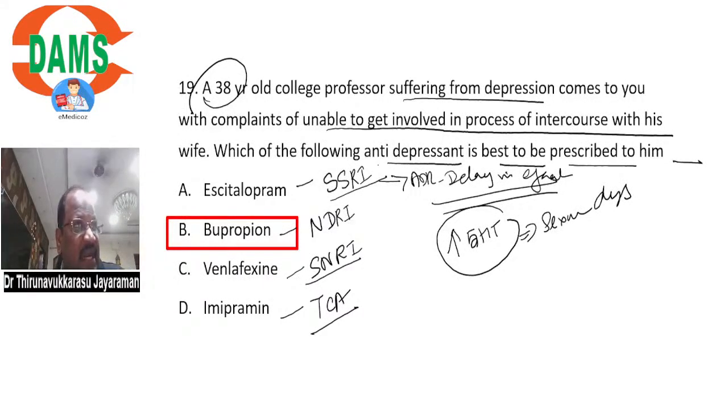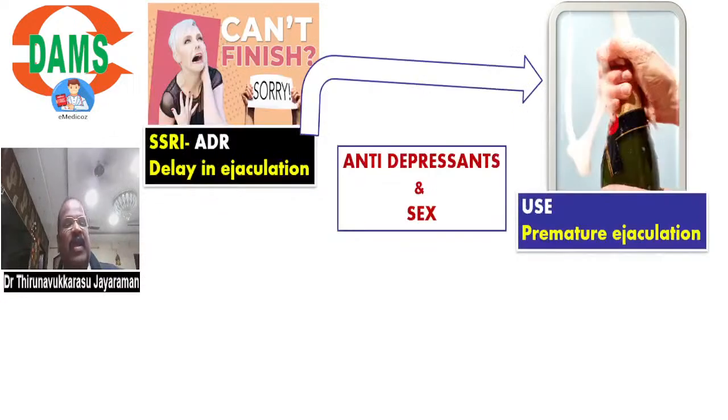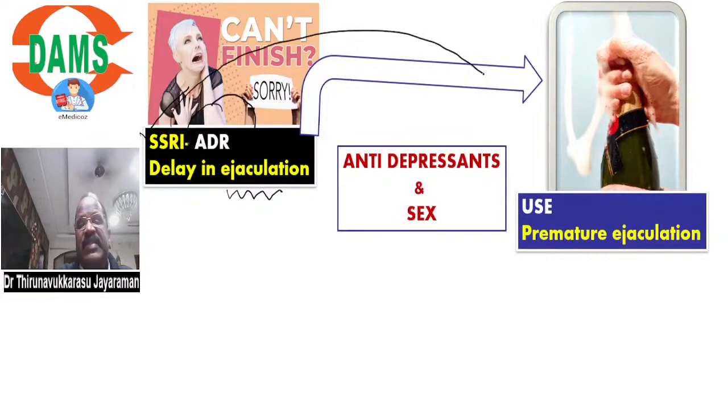But in general, I'll teach you one thing. Antidepressants and sexual dysfunction. For example, SSRI causes the adverse effect of delay in ejaculation. But keep in mind, because of causing this adverse effect, the SSRI can be useful for treatment of premature ejaculation.